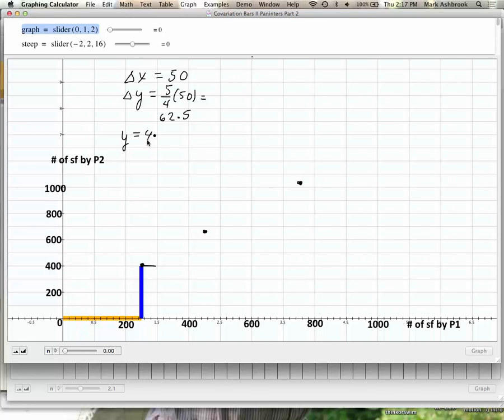Right, so it'd be the old value of y plus the change, which equals? And so now that gives us a new point, right? So what's our new x? 300, and our new y is 462.5. So that gives us a new point.